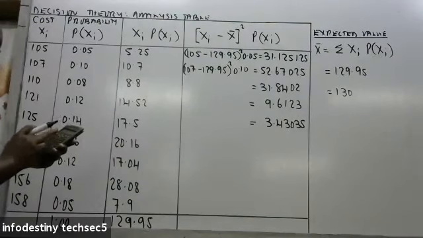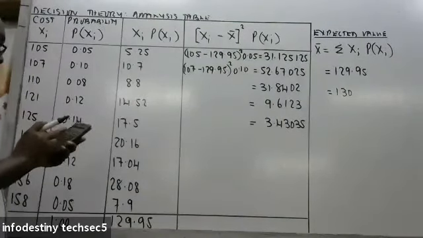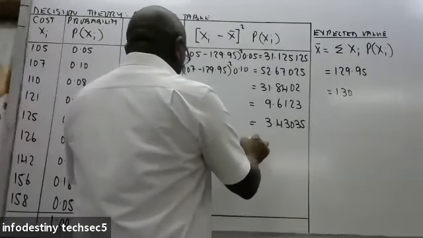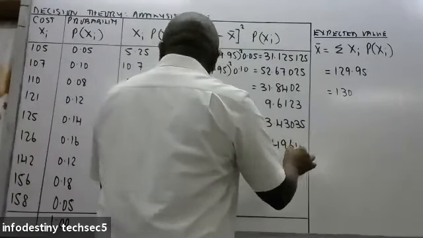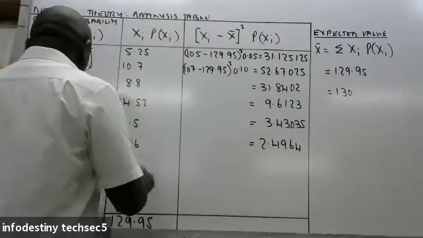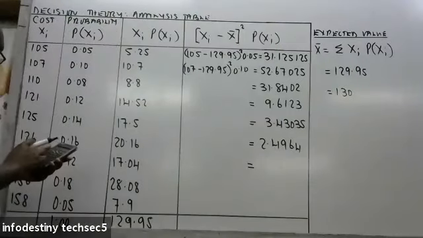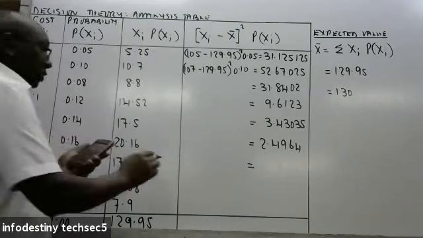126 minus 129.95. You square that, multiply by 0.16 is 2.4964. Here now for 142 minus 129.95. You square that, multiply by 0.12.